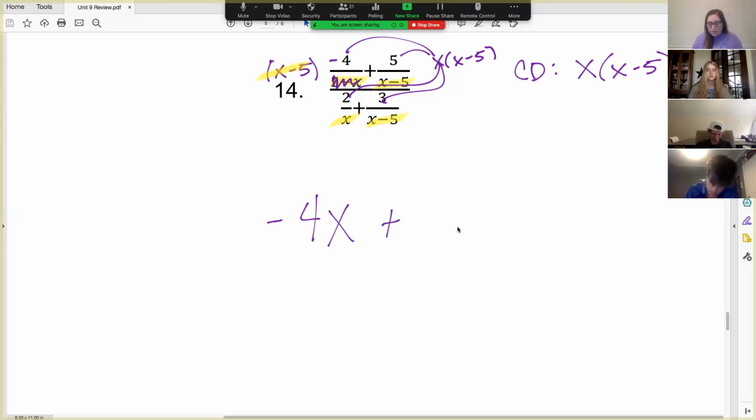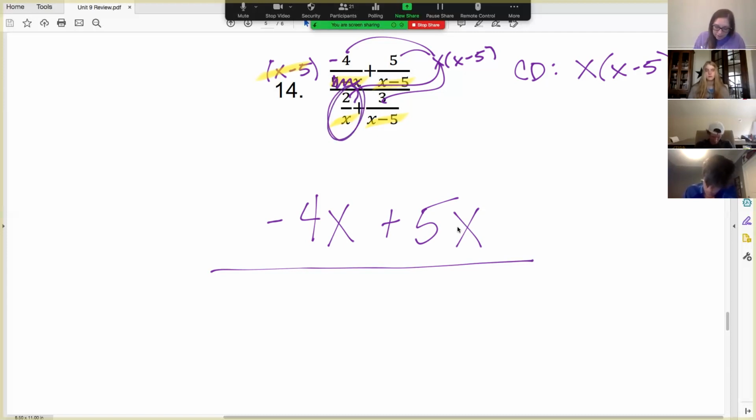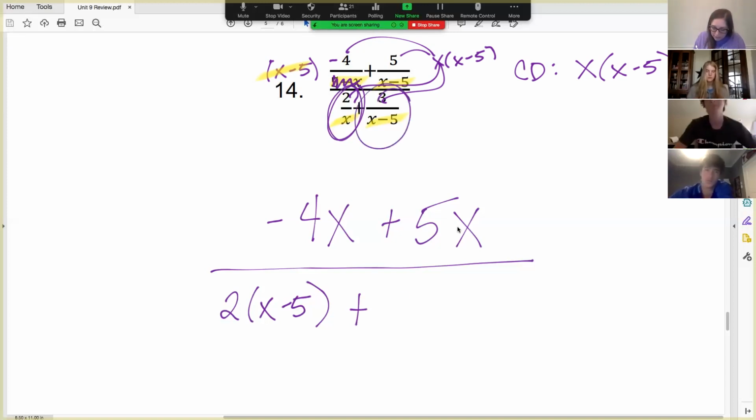The second one, the x minus 5's cancel, and I'm left with 5x. On the denominator, the x's will cancel, and I have 2x minus 5. And then the bottom right, the x minus 5's cancel, and I have 3x.